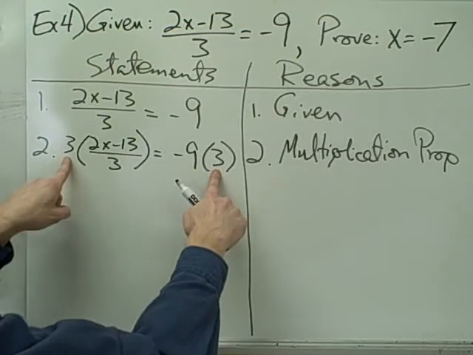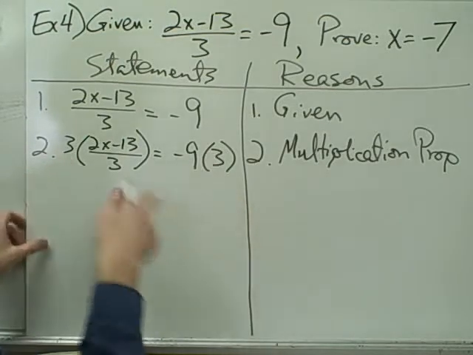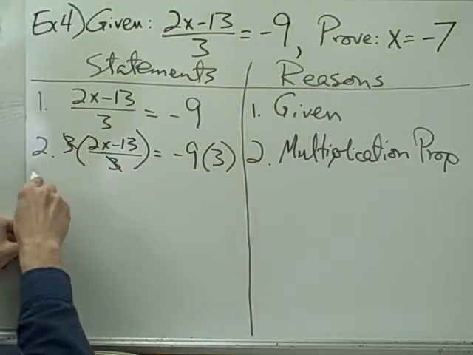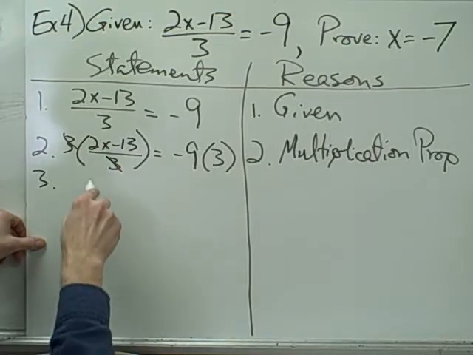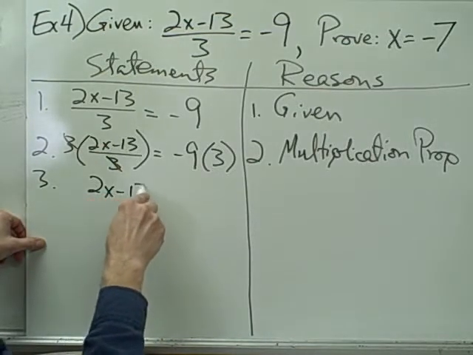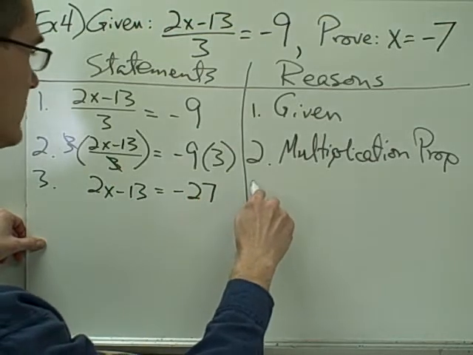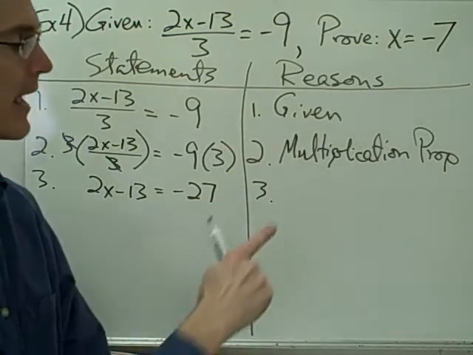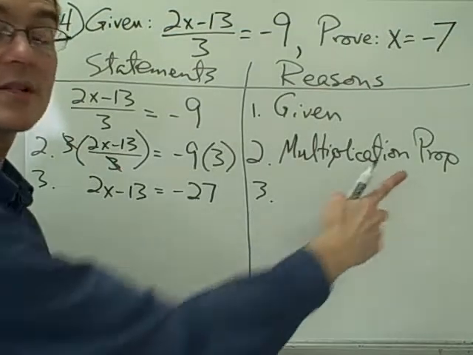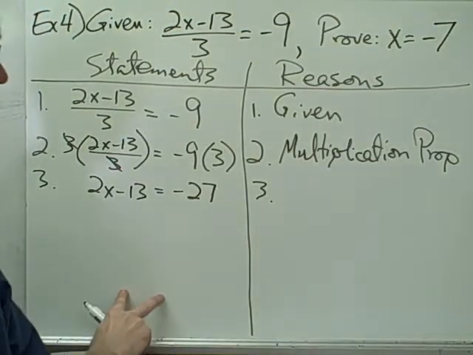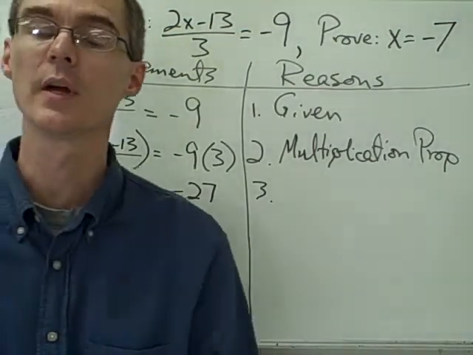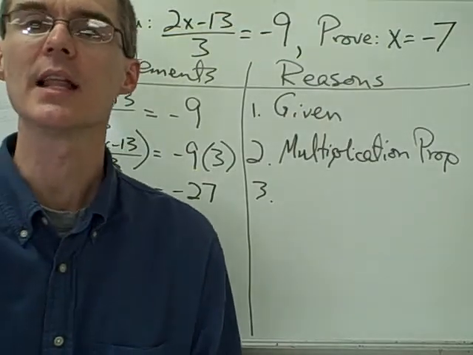So that's what we've done here, multiplying both sides by 3, which means the 3's cancel out here. And I've got 2x minus 13 equals negative 27. I'm going to let you fill in the reason for that one and then also complete the rest of the proof. And we'll take a look at these in class tomorrow.